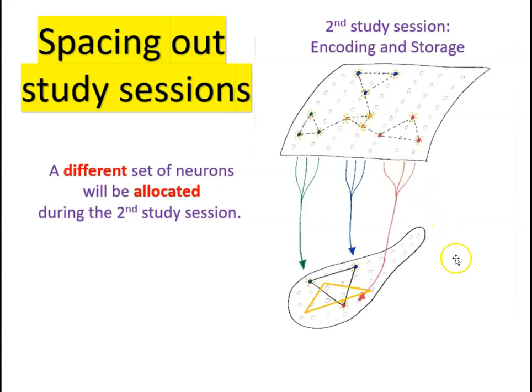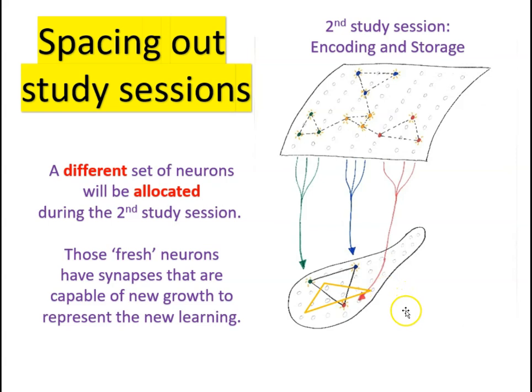But now, because we spaced out our study sessions, we have a unique set of hippocampal neurons making that memory trace. So again, the idea is that spacing our study sessions makes it so that the neurons involved in the memory trace are fresh, and they have synapses that are capable of new growth to represent the new learning.